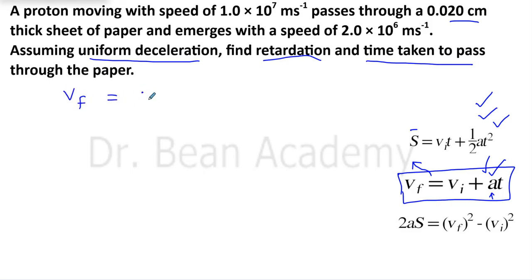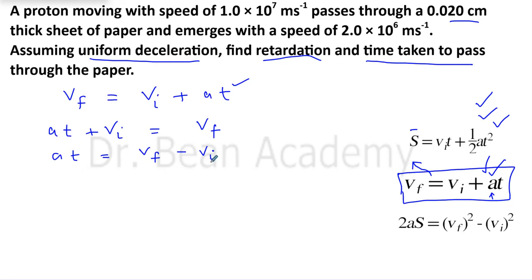I am rewriting the second equation of motion: Vf equals Vi plus acceleration times the time. I am interested in finding the time, so I will reverse the sides of the equation: at plus Vi is equal to Vf, then at equals Vf minus Vi.